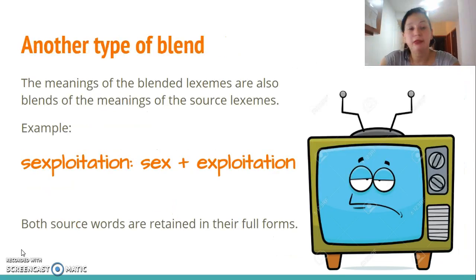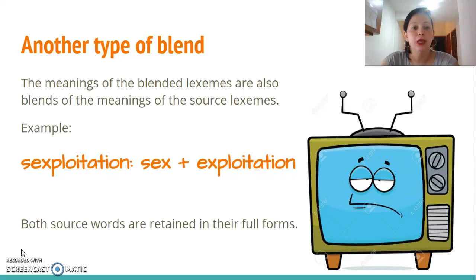Another type of blend: the meaning of the blend is also a blend of the meanings of the source lexemes. For example, sexploitation, and you can see the two words sex and exploitation.